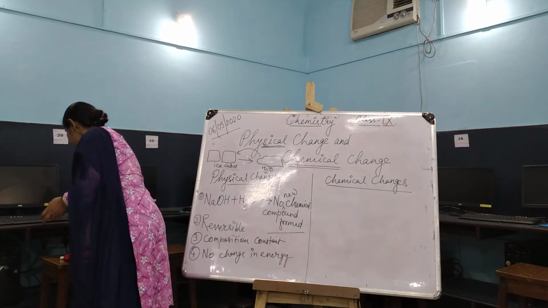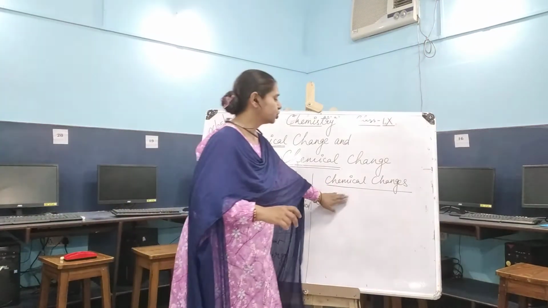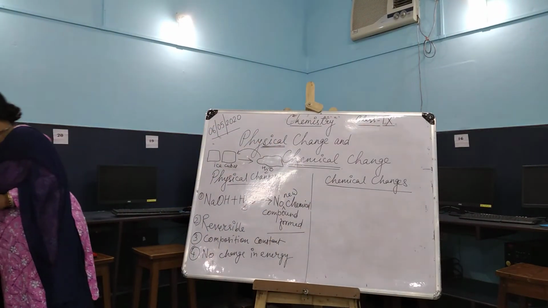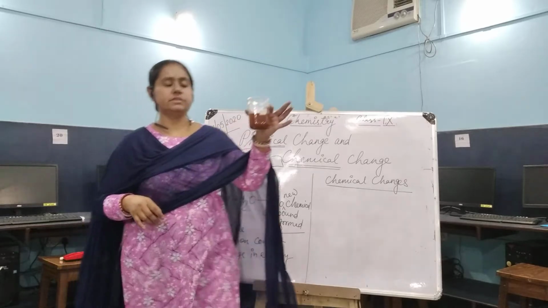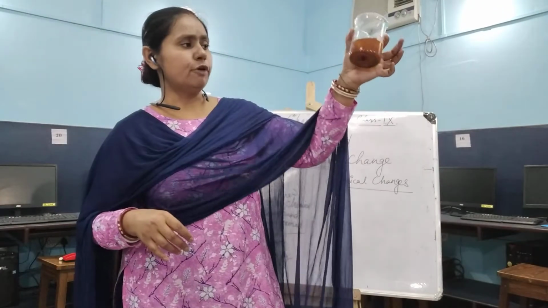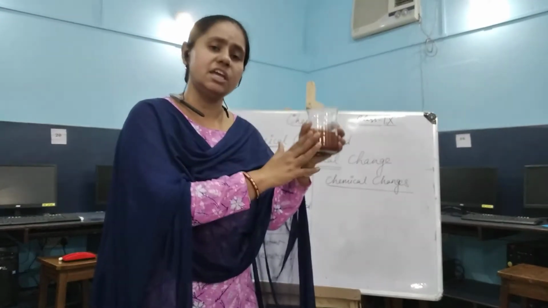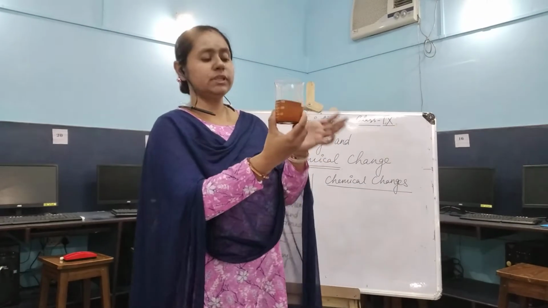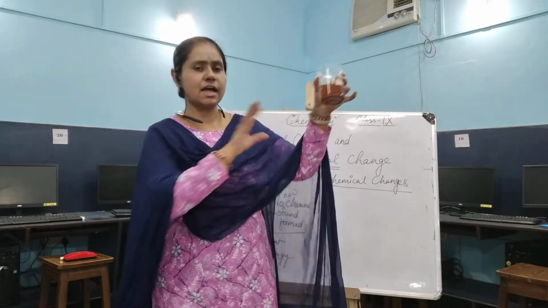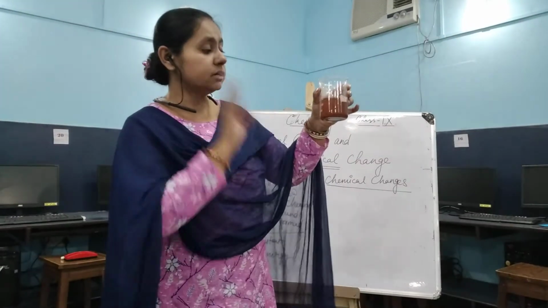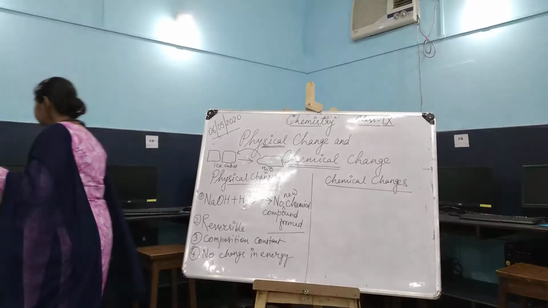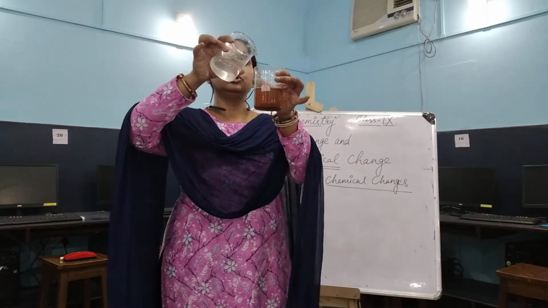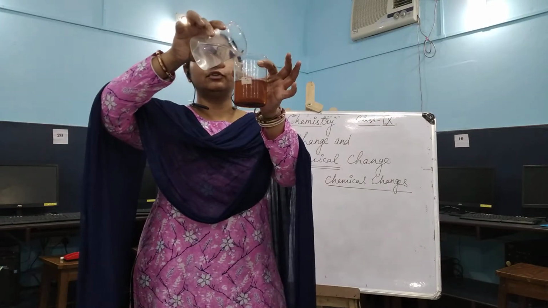Now if I move on to this portion of chemical changes, I'll show you one reaction. Look carefully over here. This is a solution of ferric chloride in water, just normal ferric chloride solution. I have not added anything to it. Now, the moment I add this sodium hydroxide solution to it, look very carefully what happens.